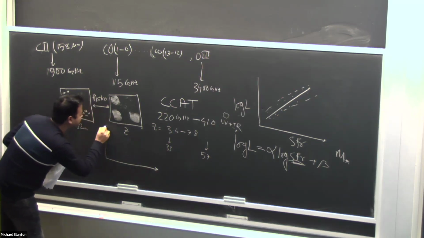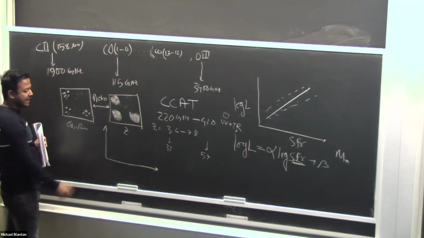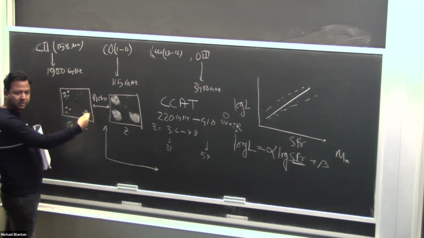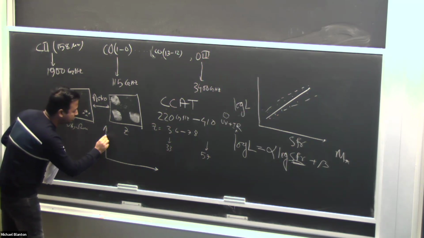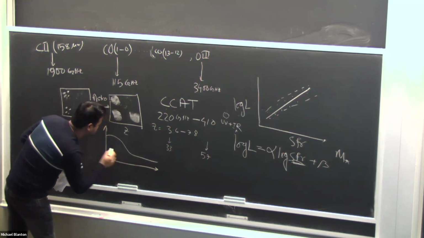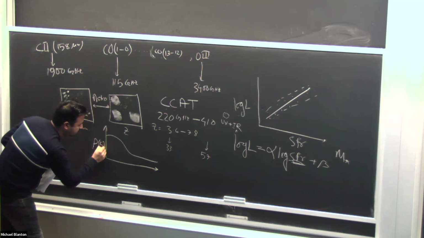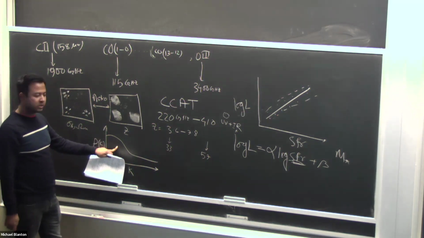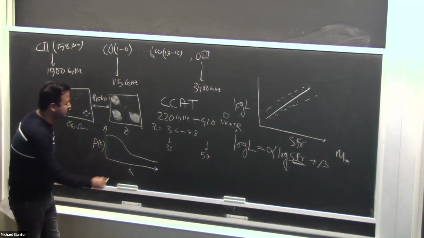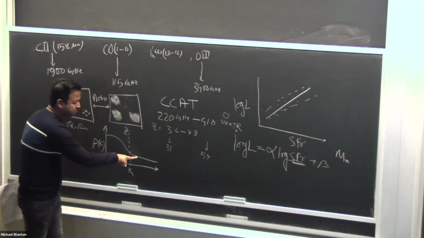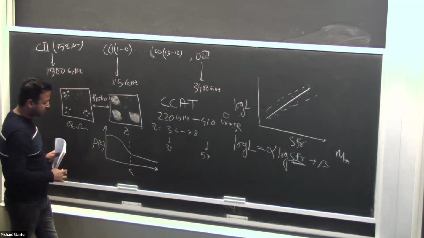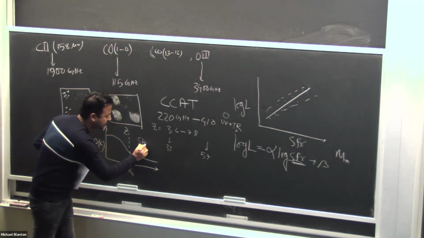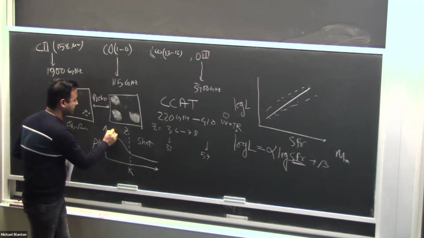So once we have this map, I can calculate the power spectra on this map, which will look something like that. So this is P(k). The shape and the amplitude of the power spectra are very important, because this flat part of the power spectra is shot noise dominated, and this is the clustering properties.